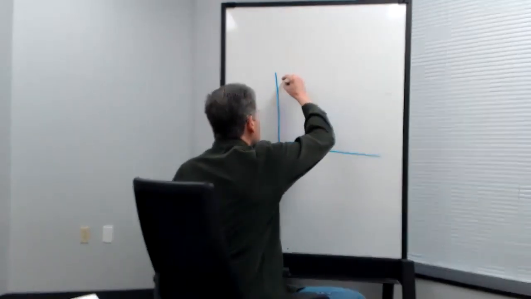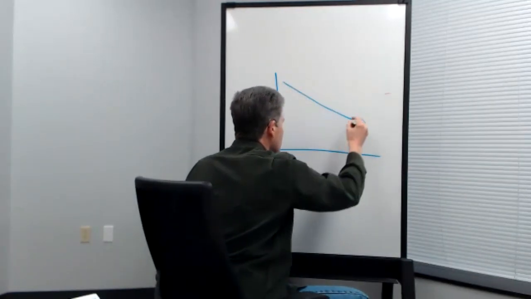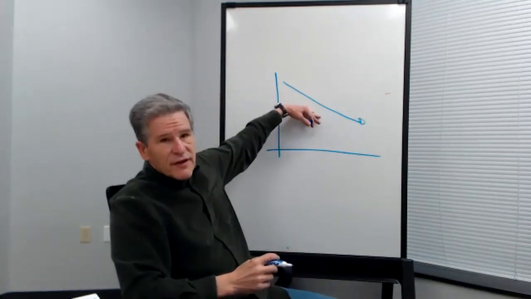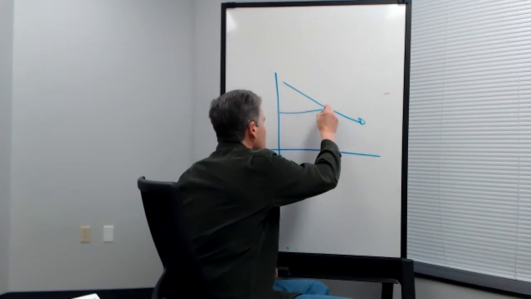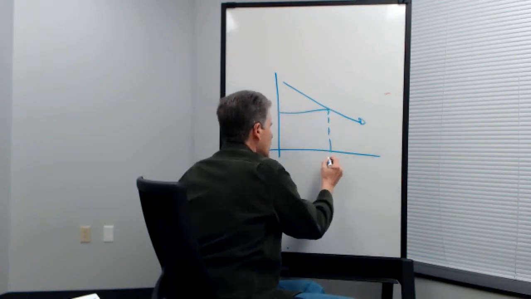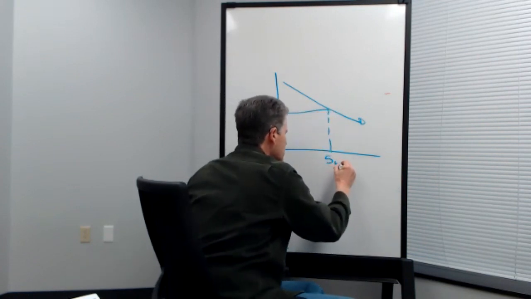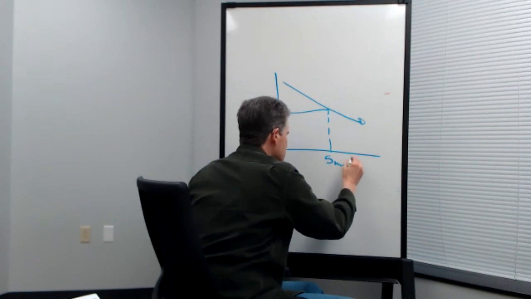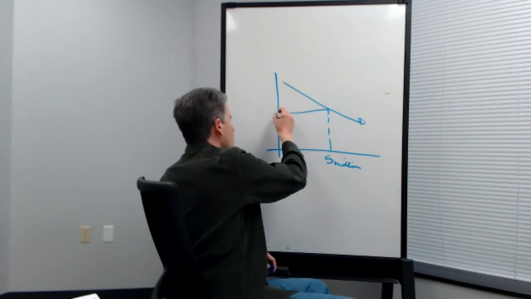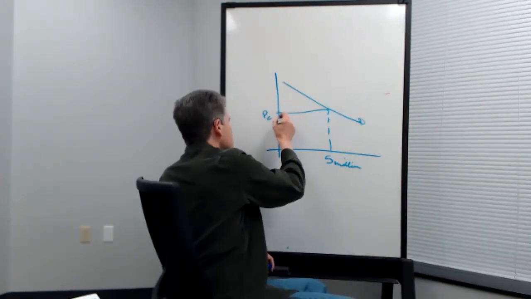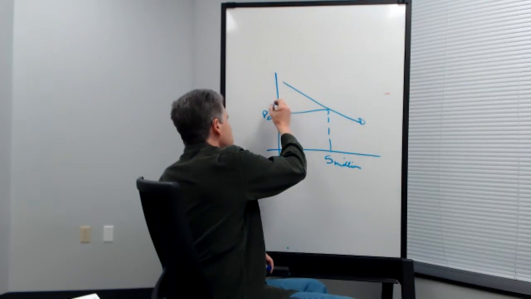You said the demand for wine is elastic, which means it's relatively flat. And you said we started and we're at 5 million. And you don't say what the price is, but you say we're going to raise the price by $2.